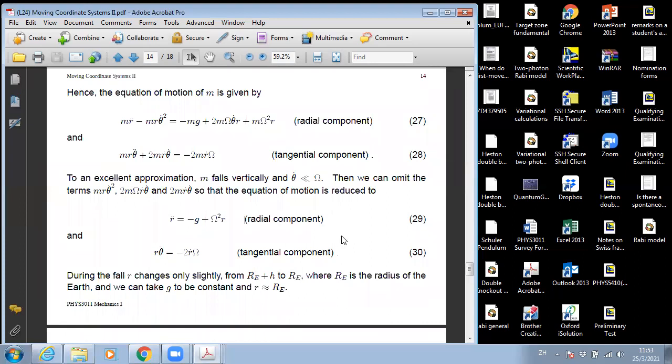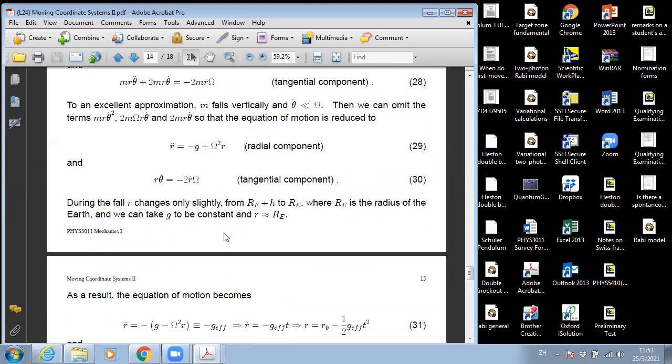Now, so the r double dot is simply given by the gravitational acceleration and also this centrifugal acceleration. And this is the tangential component. r theta double dot is simply given by the Coriolis acceleration. All right.